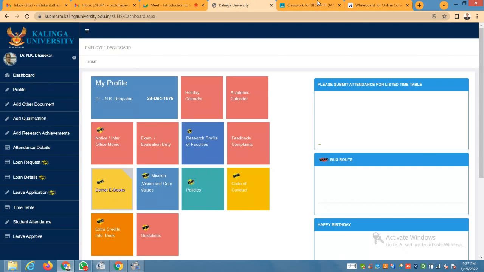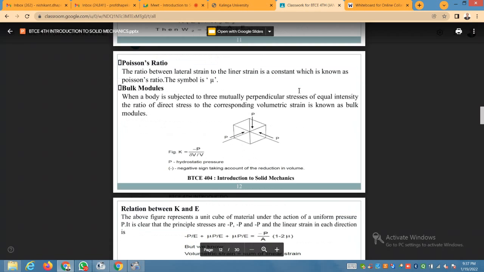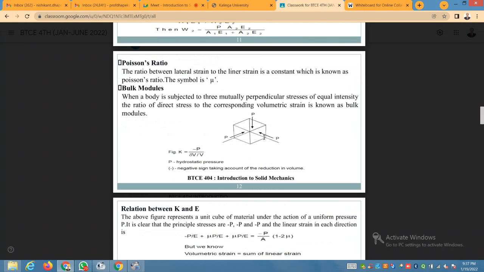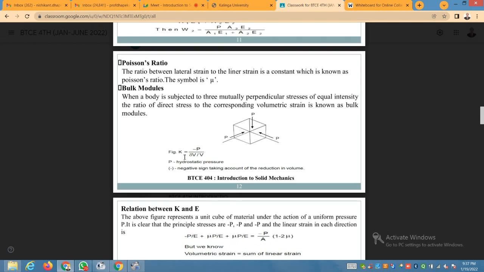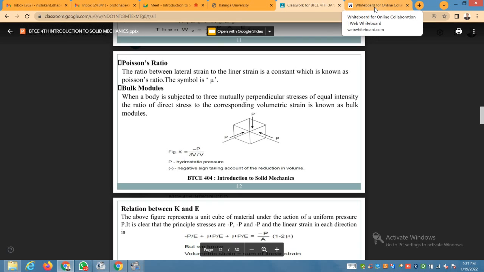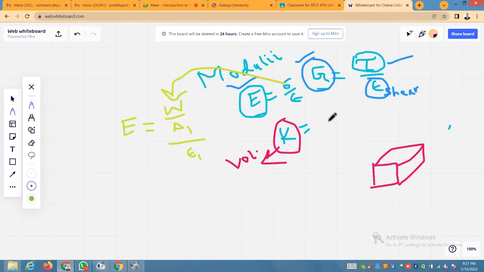Now, look at this diagram: one cube is there and loads P are acting on three different faces. This bulk modulus is again stress upon strain, but this time which type of stress?